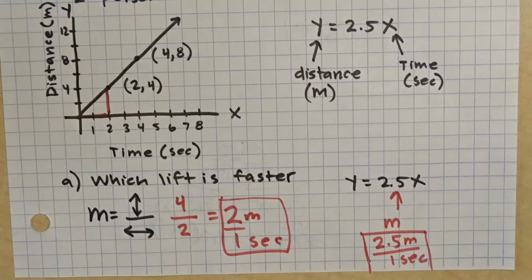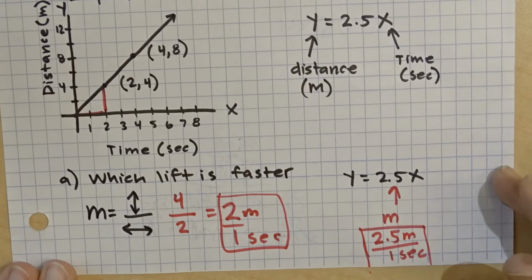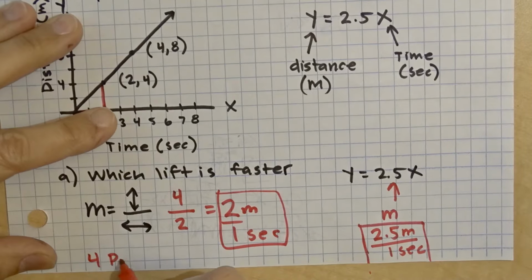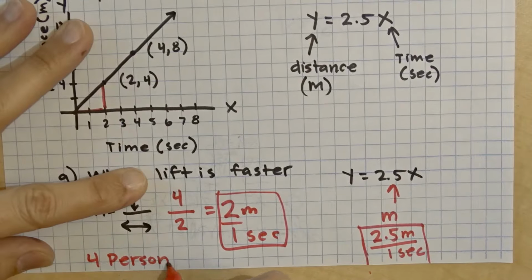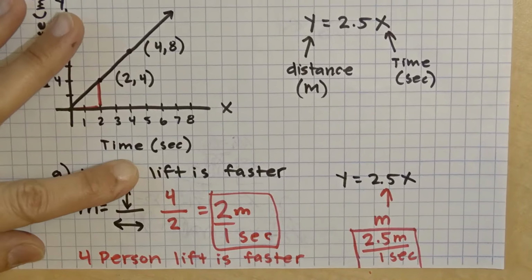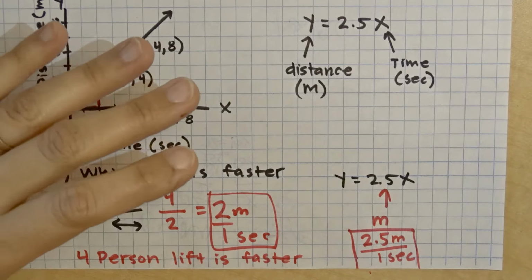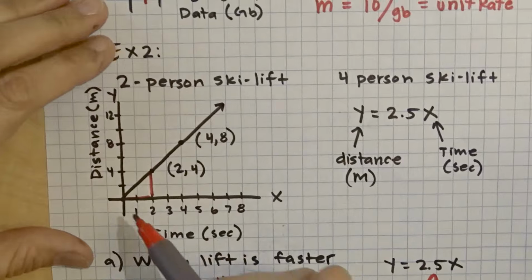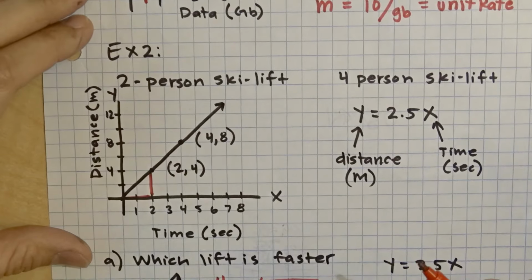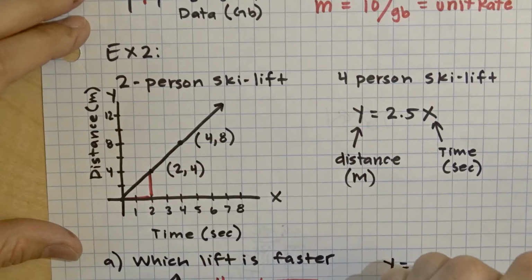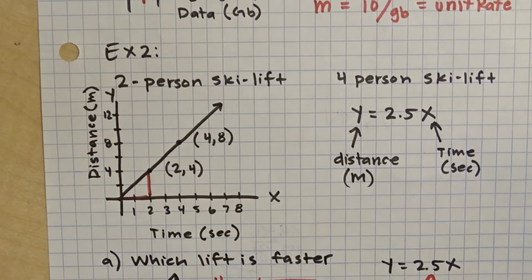So therefore, I can conclude that the 4-person ski lift is faster. And again, I know this because the slope in any proportional relationship is going to be the unit rate when it's applied in the real world.